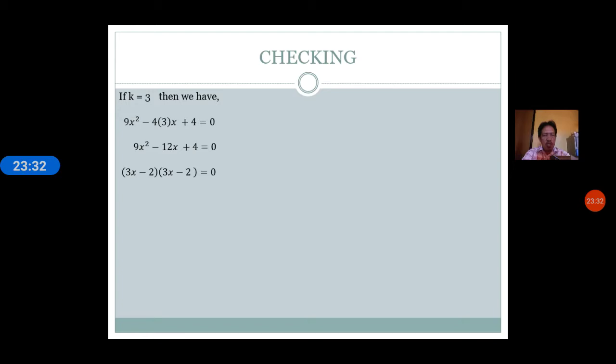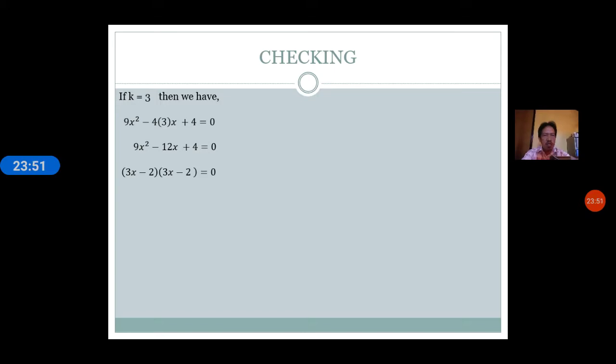Solving the quadratic equation by factoring method, we have 3x minus 2 and 3x minus 2. Why? Because 9x squared minus 12x plus 4 is a perfect square trinomial.